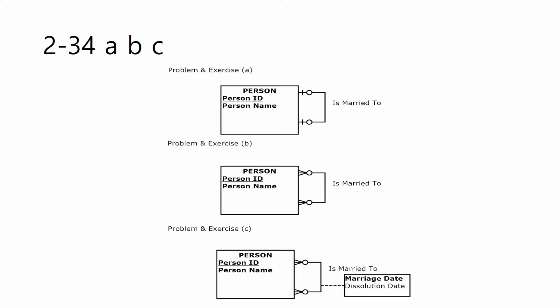So somebody has been married already several times, or somebody is not married, and so forth. And then problem C. We need to know who a person has ever been married to, if anyone, as well as the date of their marriage and the date, if any, of the dissolution of their marriage.